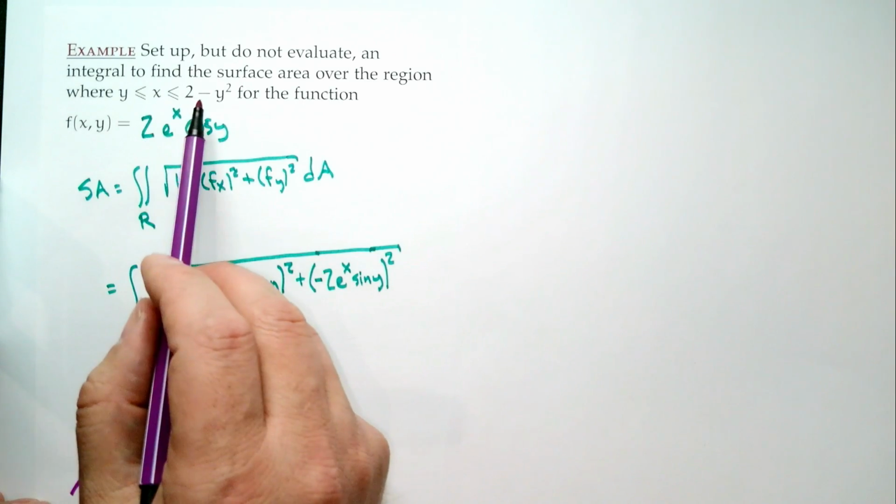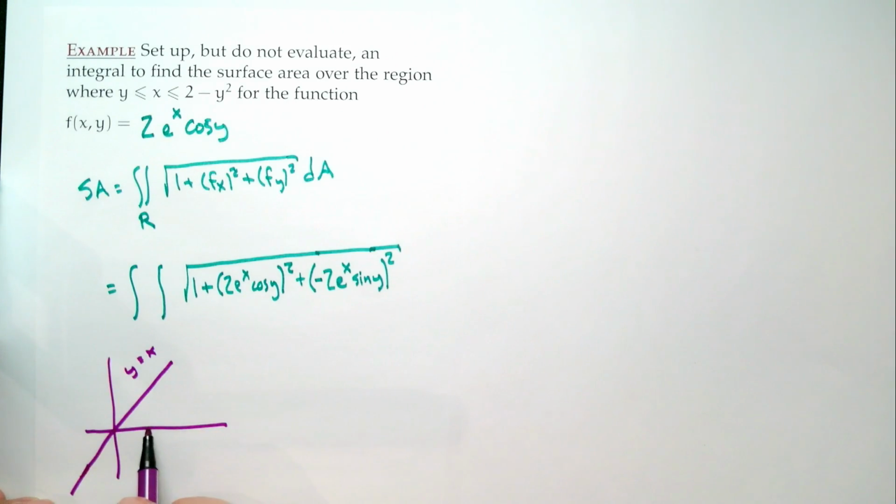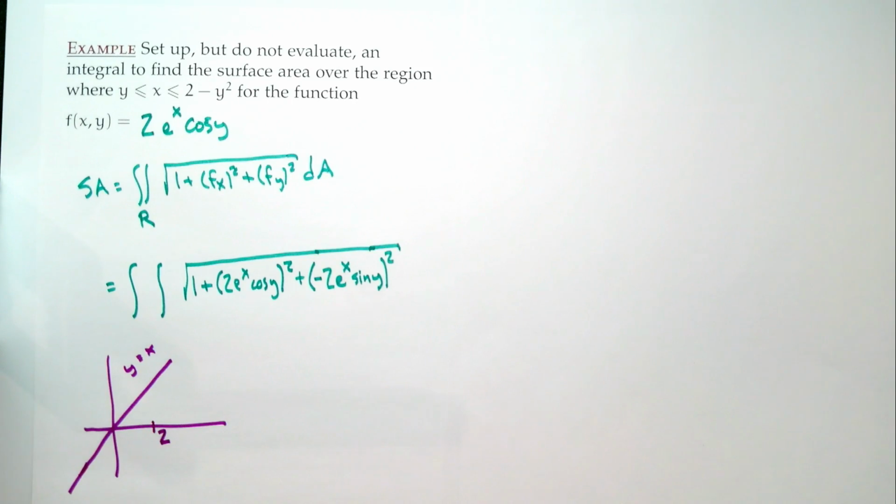Well, it's a parabola. Which way am I facing? To the left. Yep. Because x equals y squared is a parabola that opens sideways. The minus flips it, so it goes to the left. The 2 shifts it over. So it's a parabola that opens something like that.